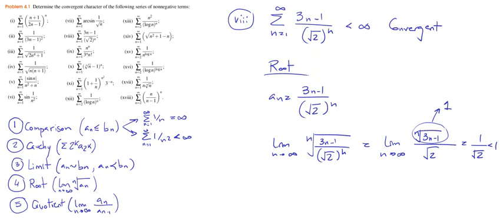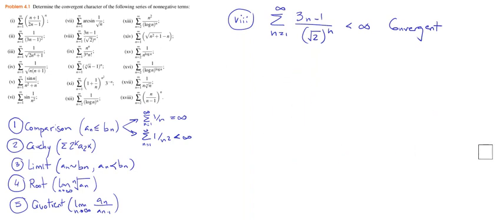We could also try the quotient test. Let's see how it works. The quotient test tells us to test a sub n divided by a sub n minus 1.